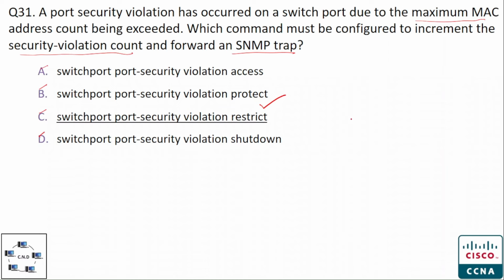So what does this command do? Let me explain it a little bit further. Let's suppose here we have a switch and we have ports on this switch, and you have implemented security on the switch so that only one MAC address can be learned against each port.